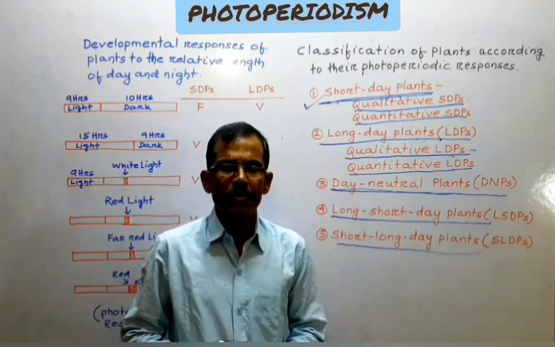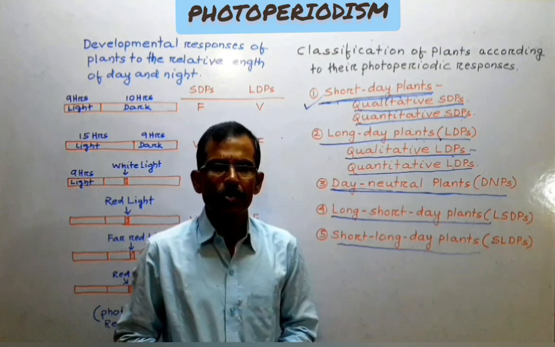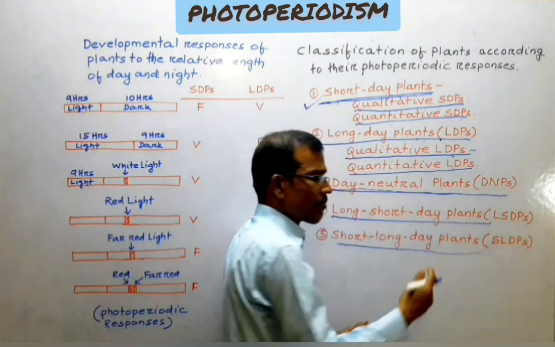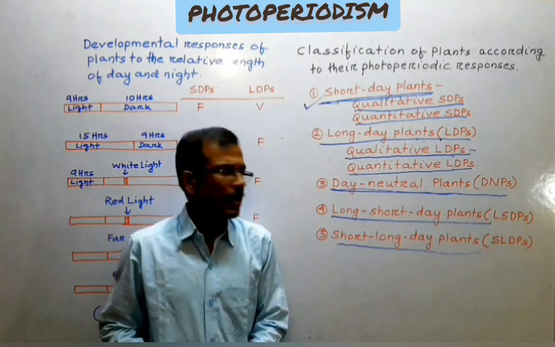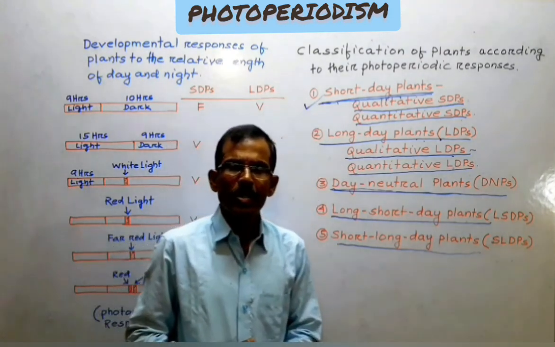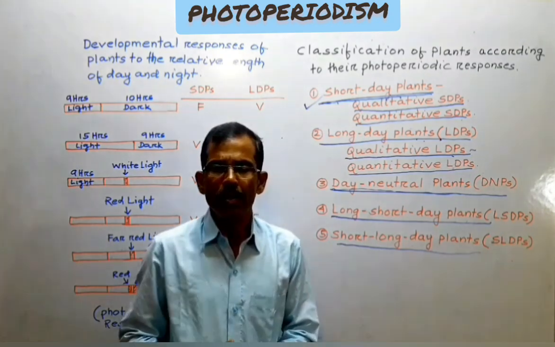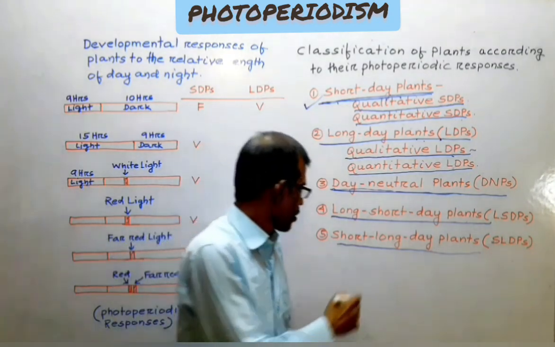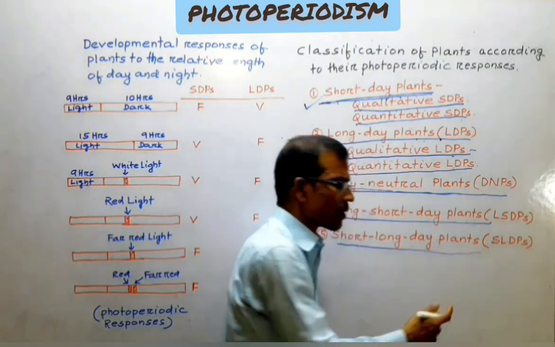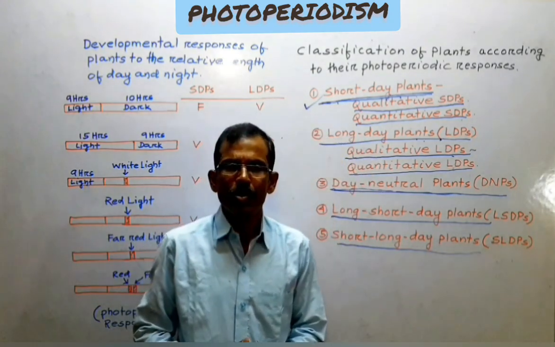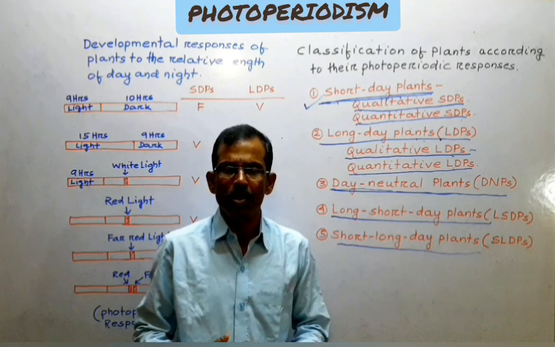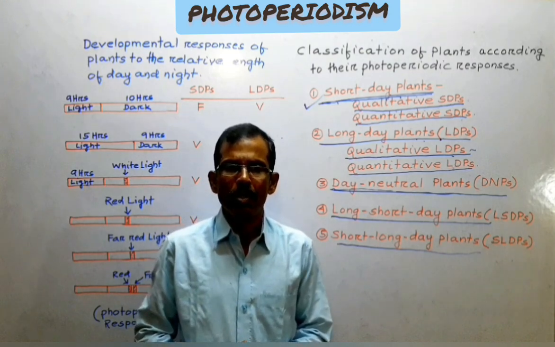In addition, there are other photoperiodic groups, such as long short day plants, which flower when they are exposed to a sequence of long days followed by short days. And the last group is short long day plants, in which flowering is promoted when they are exposed to a sequence of short days followed by long days.